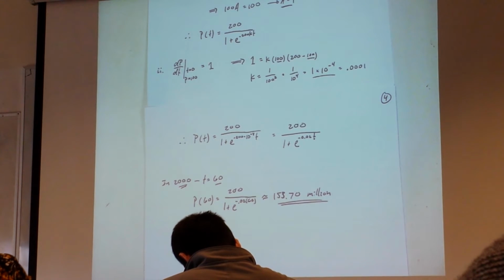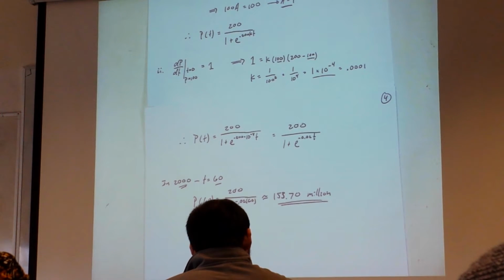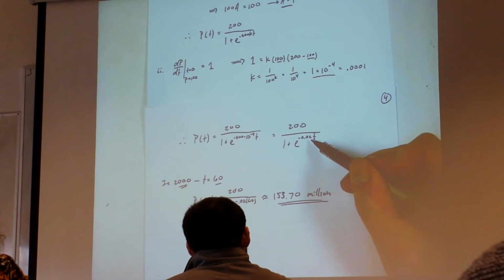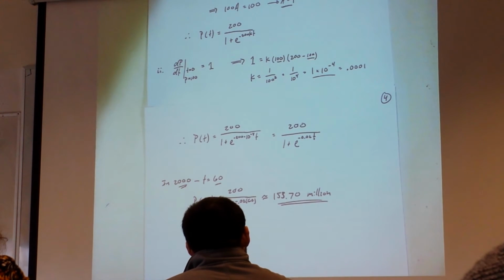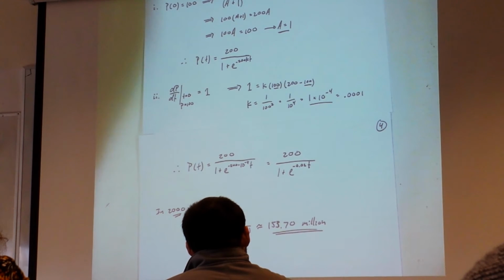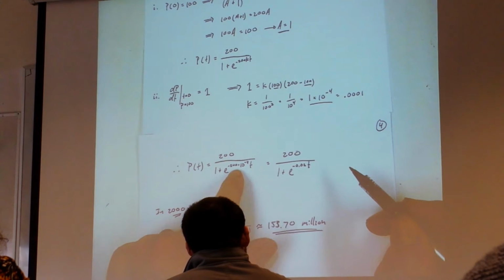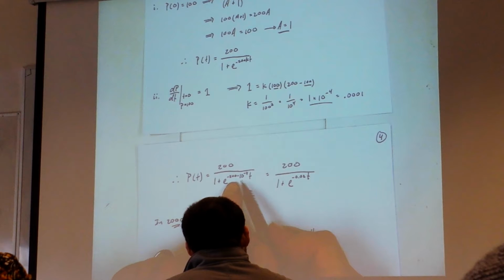Yeah. I might be wrong, but it seems like we accidentally dropped an exponent off the top. So right before we found A, it seems like it's supposed to be 200 e to the negative 200 kt. Yeah, I put the 200 right here, and then times the k. K was 10 to the negative 4th, so yeah, I did multiply those.